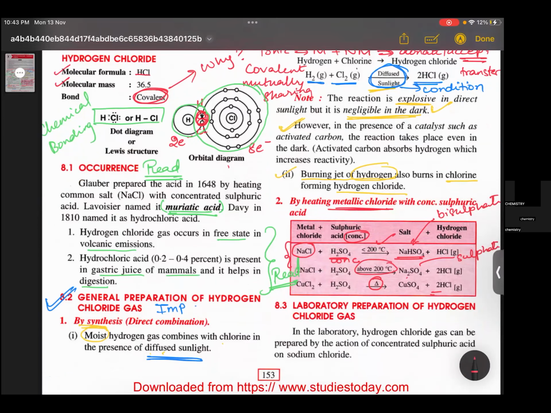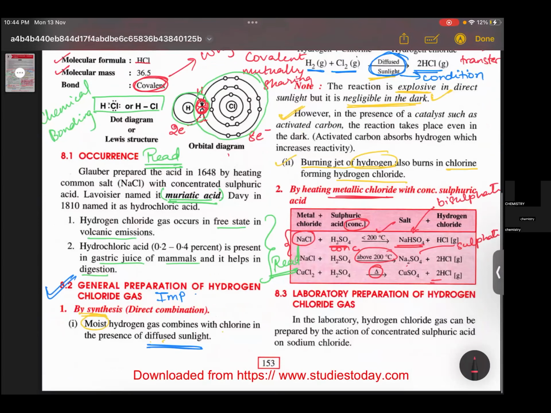There are two preparations by synthesis. One is your moist hydrogen with chlorine in the presence of diffused sunlight. Second is a burning jet of hydrogen in the presence of chlorine. Third, we learned the next method, that is by heating with a metal chloride and concentrated sulfuric acid. Here we have a metal chloride.